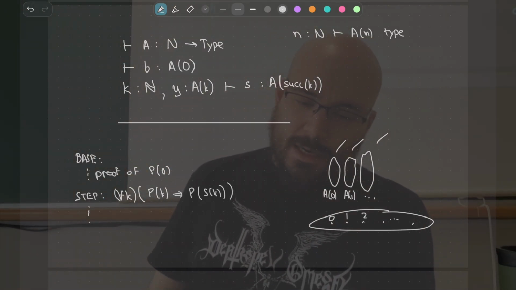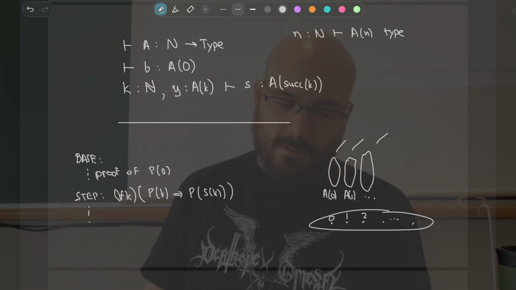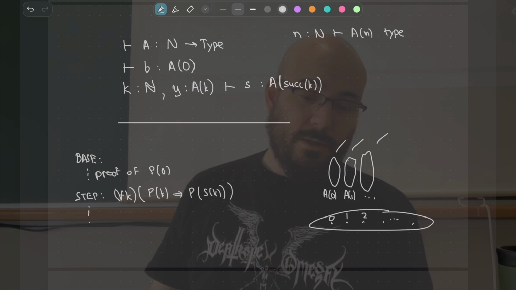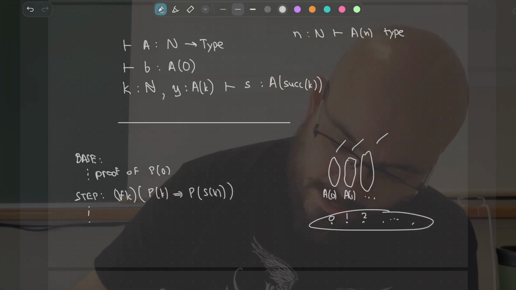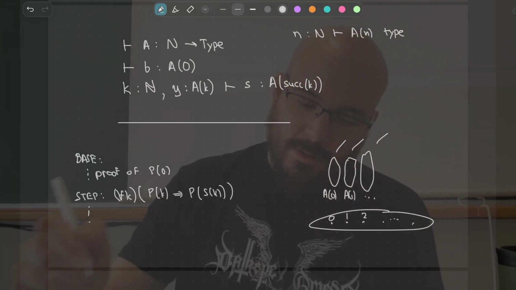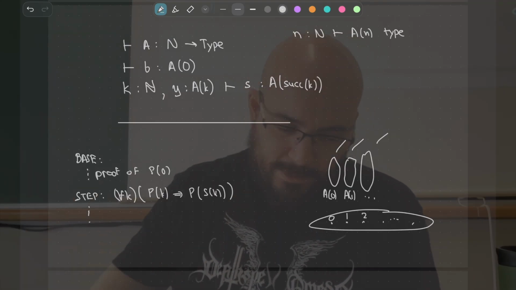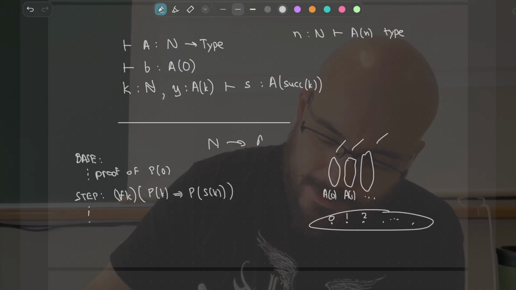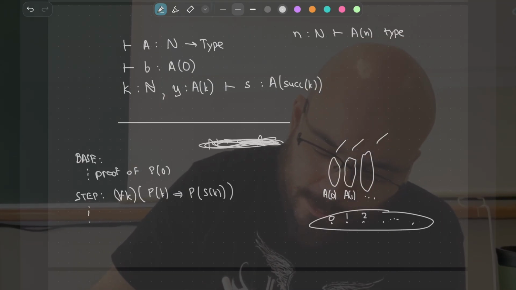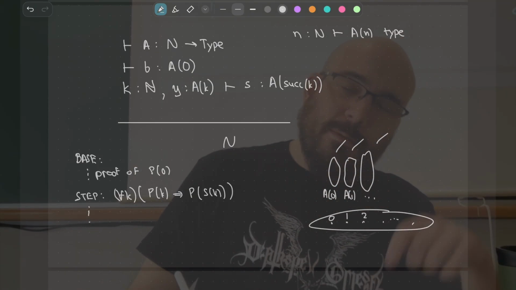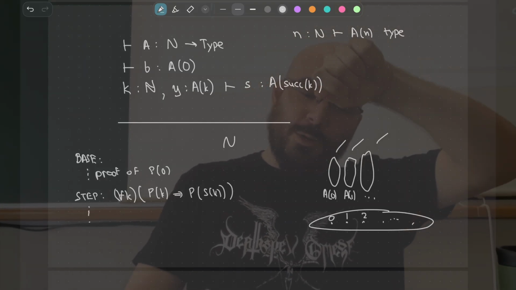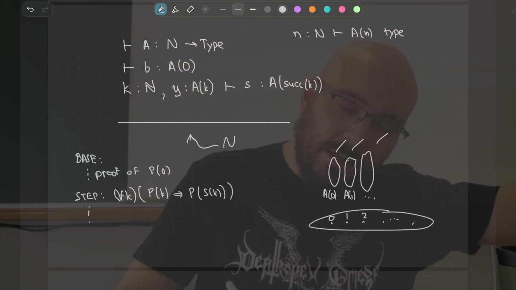Okay. So if I have all those things, I should be able to get a dependent function from n to A, but instead of going from here to A dependently, I want to pull this thing over here.